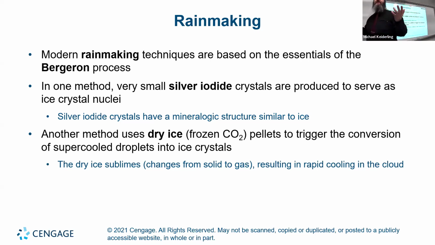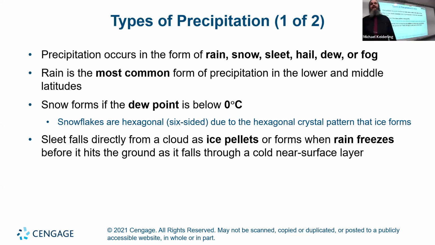So the dry ice changes from solid to gas. This rapidly cools the cloud, and once the cloud is much colder, it's much more likely for larger ice crystals to form that will fall as rain.